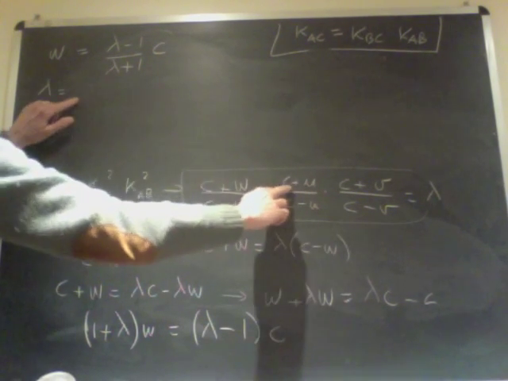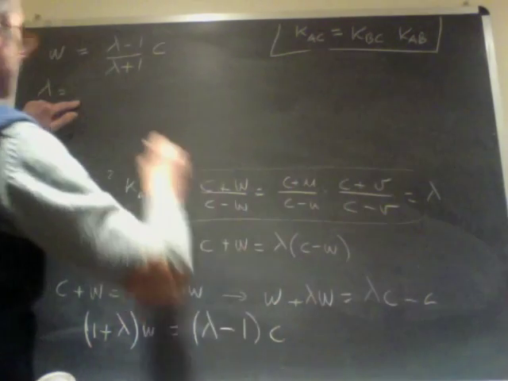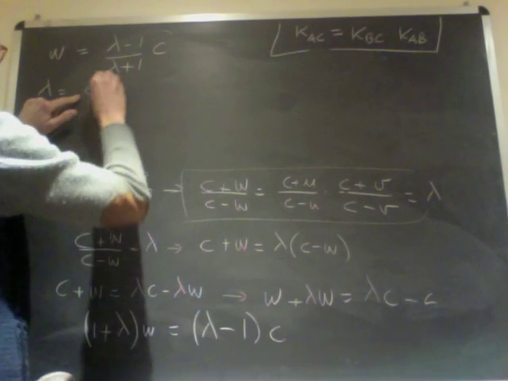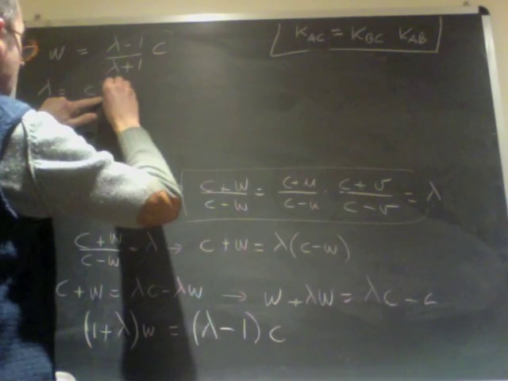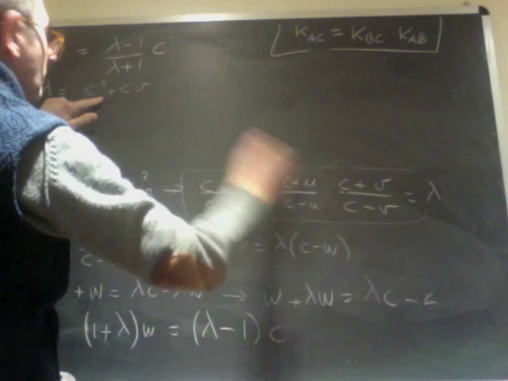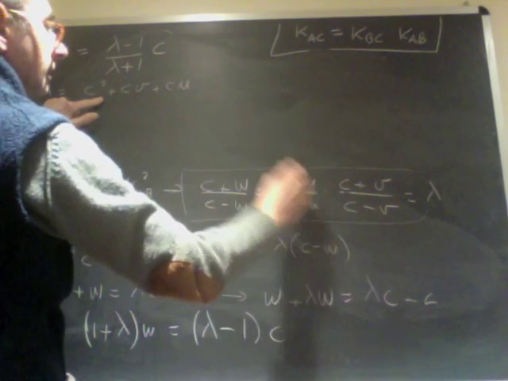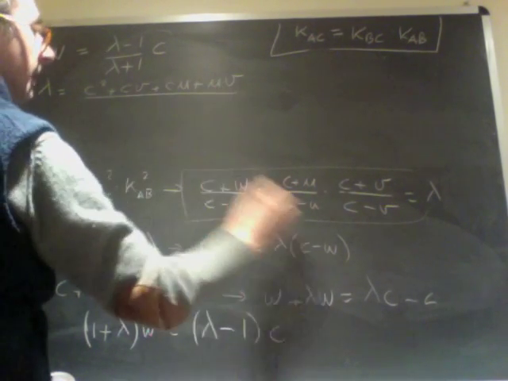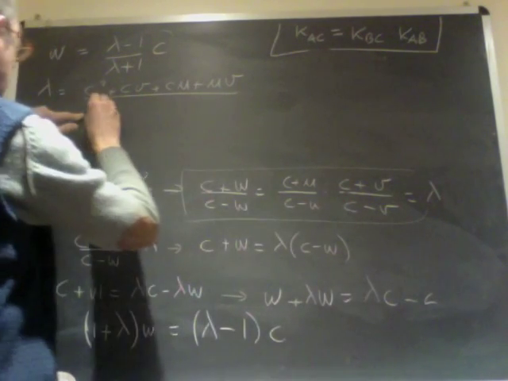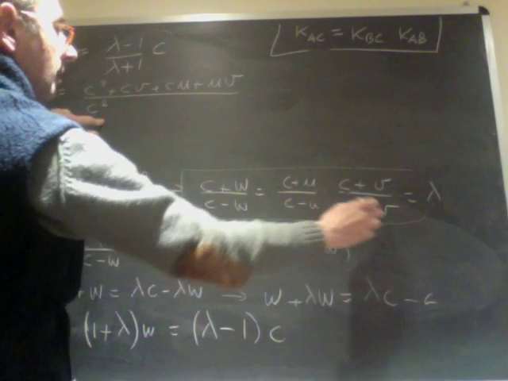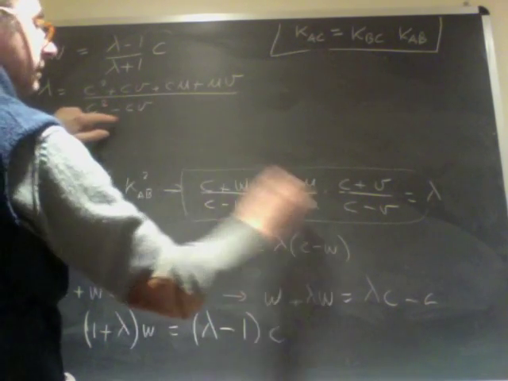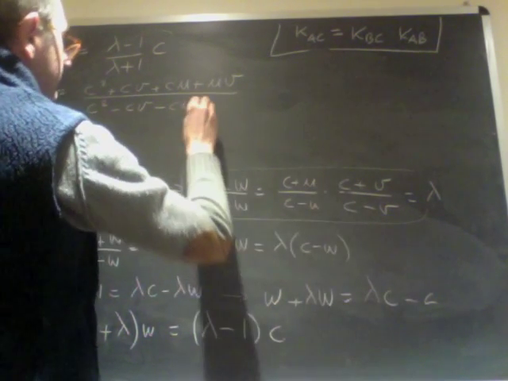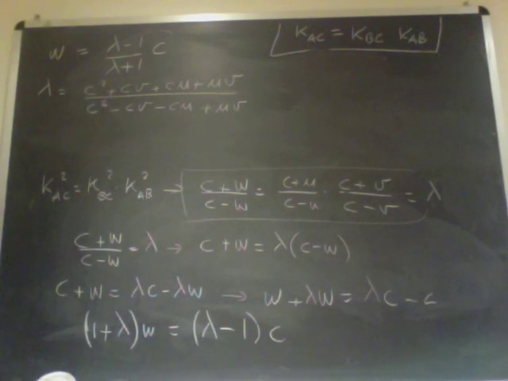Lambda is equal to C plus U times C plus V over C minus U times C minus V. That is, let's distribute: C squared plus CV plus CU plus UV is the numerator, and the denominator is C squared minus CV minus CU plus, because it's minus times minus, plus UV.